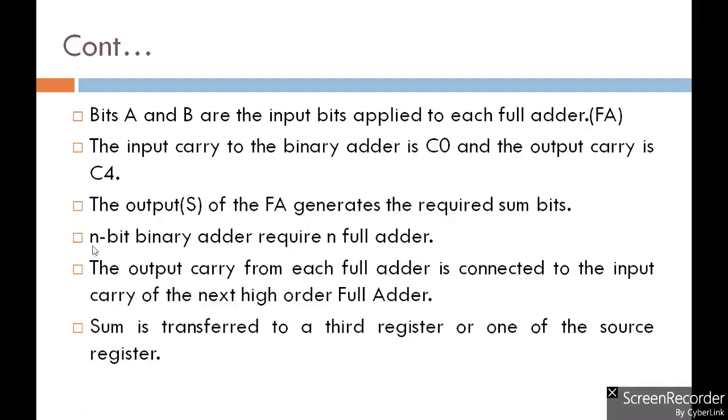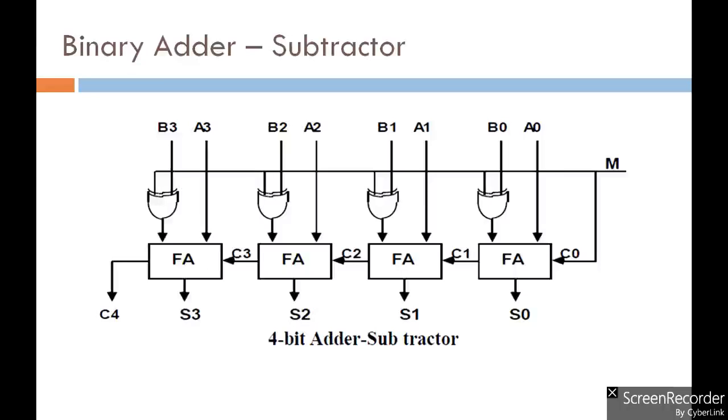So we can say that an n-bit binary adder requires n full adders, and the output carry from each full adder is connected to the input carry of the next higher order full adder circuit. So this is how the binary adder circuit works.